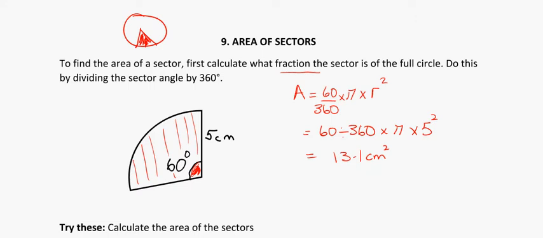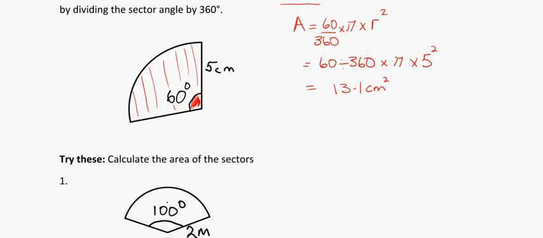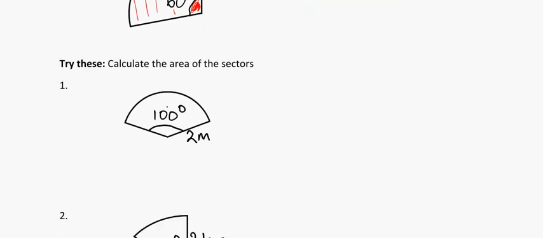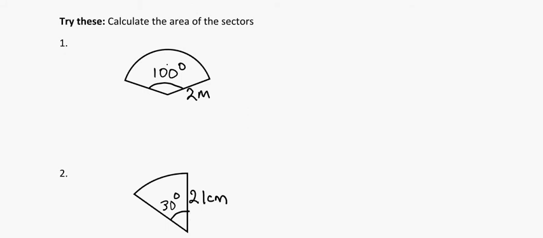Okay, so let's have a look at some of these ones. See if you can do them and then look at the answer. Okay, so here we've got a sector, part of a circle, and the area is what fraction? It's 100 out of 360.